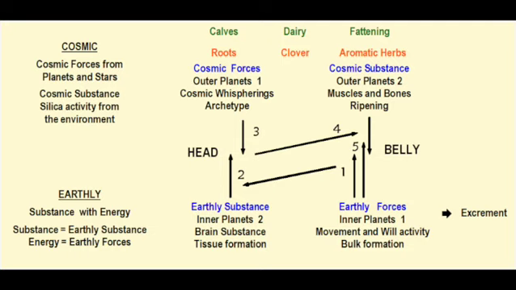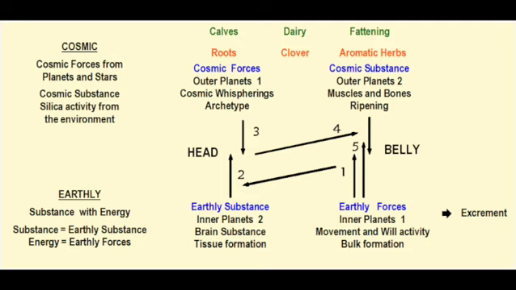This is an expansive process moving upwards into our heads, and that ash process gives us the substance of our brains. So the physical substance of our brains comes from that residue, as it were, from digestion.